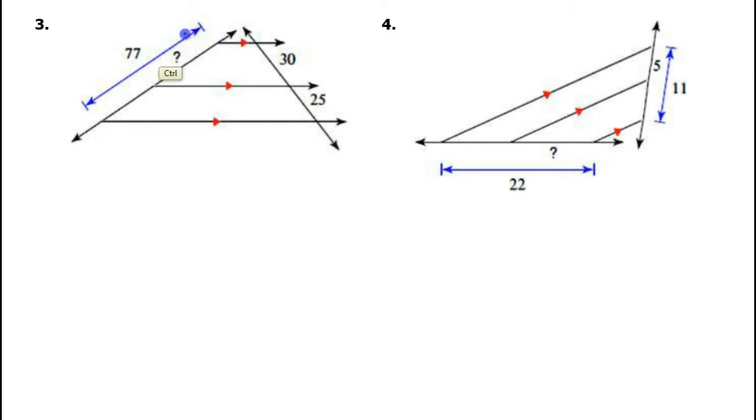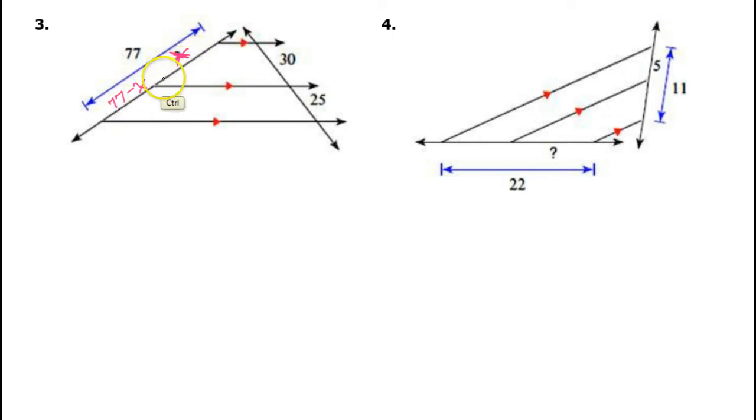The whole thing is 77. This portion right here, I'm going to call it x. What will be an expression for the other portion? Well, it's going to be 77 minus x. It's the whole thing minus the part that we already have. So that's important.